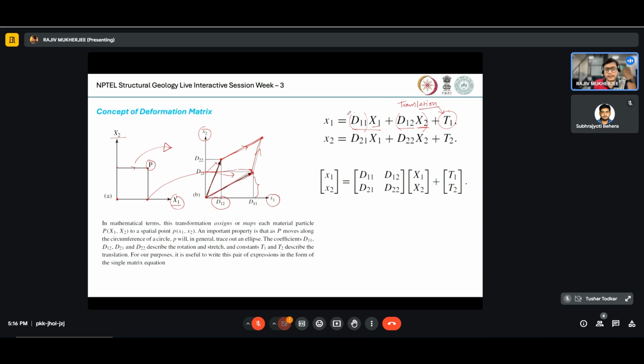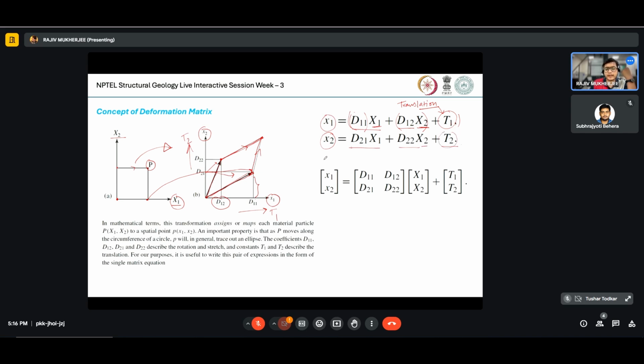So together with these components, we get the new coordinate of small x1, which can be expressed as d11 capital X1 plus d12 into capital X2 plus t1. So t1 is the translation component along this direction, and t2 is the translation component along this direction. Similarly, for small x2, we can also derive an expression such as d21 capital X1 plus d22 capital X2 plus t2, right?